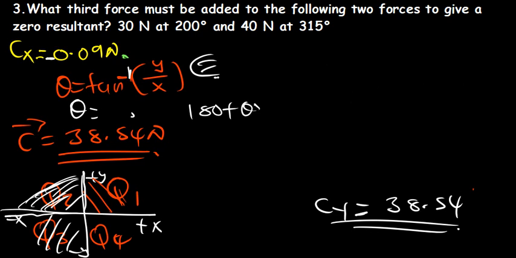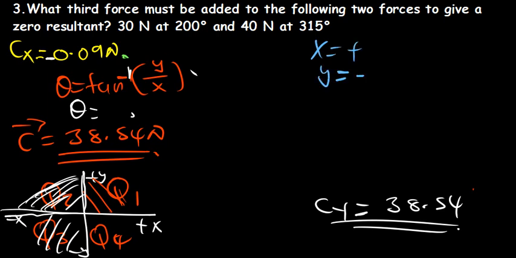Now, if the x is positive and the y is negative, meaning it's in the fourth quadrant, when you find the theta, you say 360 minus the theta. As simple as that.